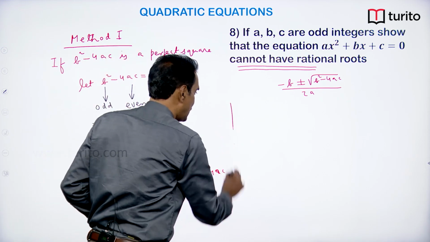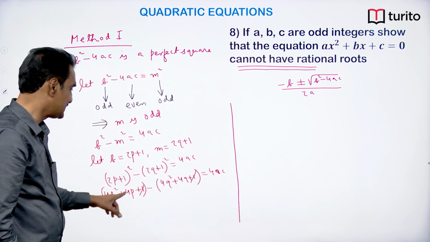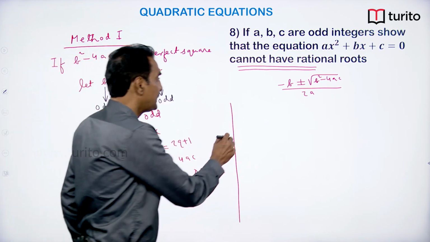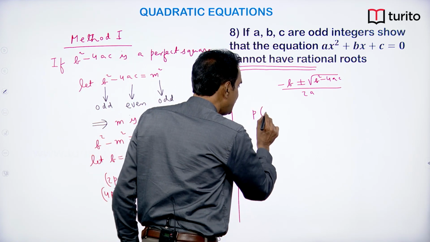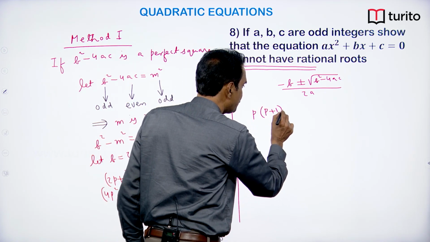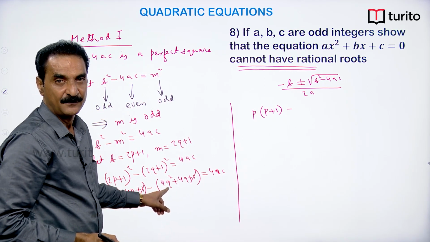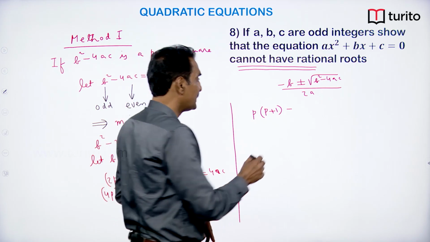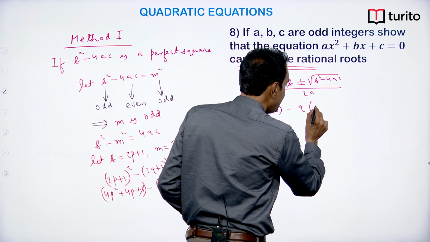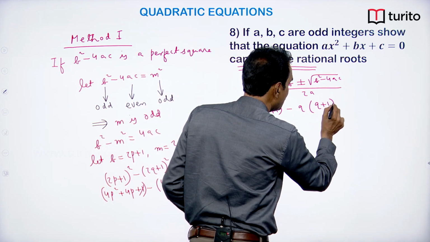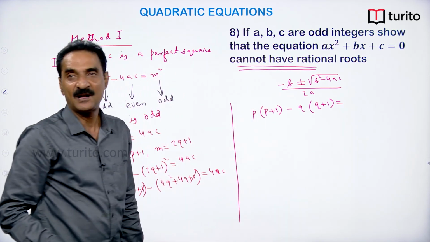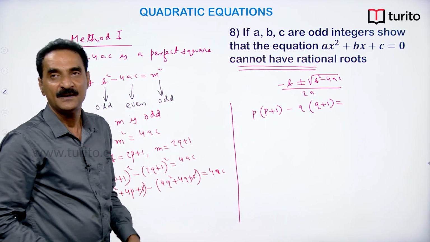So, I will get p square plus p here remaining. I can write it as p into p plus 1 minus, what is this after cancellation of 4? q square plus q. I can write it as q into q plus 1 is equal to, what is remaining in the RHS after cancelling 4? ac.